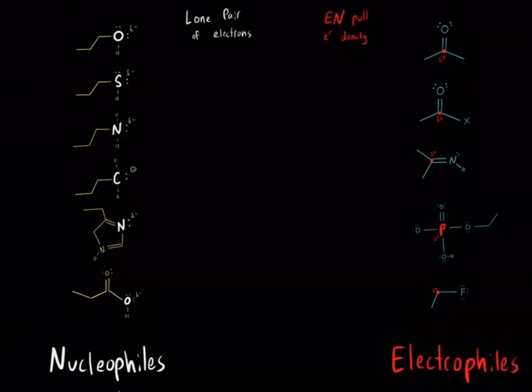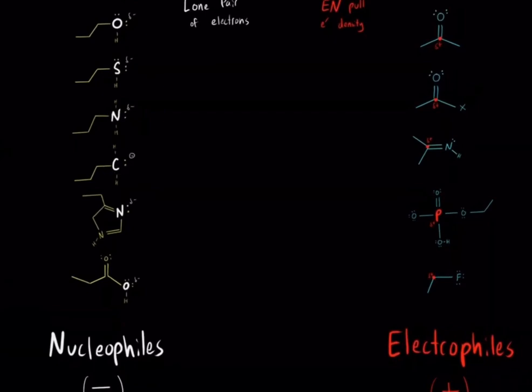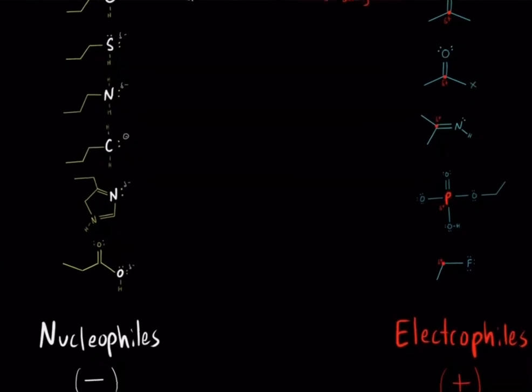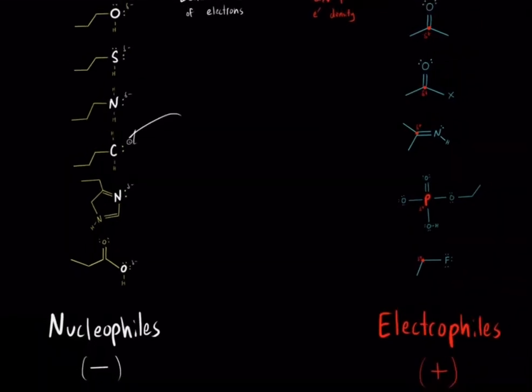And not just that, we know the sulfur is more electronegative than carbon, so it's also pulling some negative charge density. So again, that's why we have this partial charge. We know this carbon, if we were to find the formal charge, would have a formal charge of -1. So here we would have partial negative charges. Here we have a formal charge of -1, which is actually stronger negative charge density. So therefore, this is a stronger nucleophile.